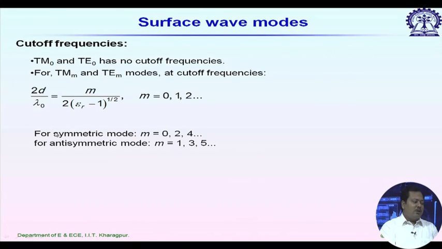Then for the symmetric mode, m equal to 0 or any even number, and for the antisymmetric mode m equal to an odd number. From this we can calculate the cutoff frequencies for TM1, TM2, TM3 as well as TE1, TE2, TE3, all different modes. So, remember TM0 and TE0 modes have no cutoff frequencies.